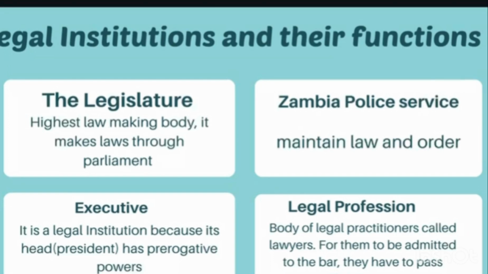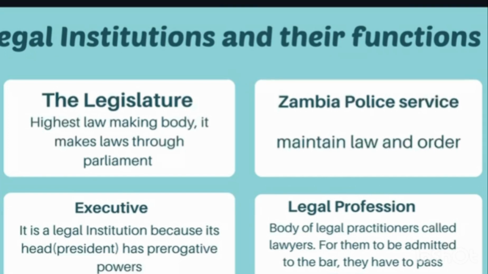What are prerogative powers? These are special rights and privileges that a president has because of the office that he or she holds. They have got special powers, which are called prerogative powers. So, the executive is also a legal institution.